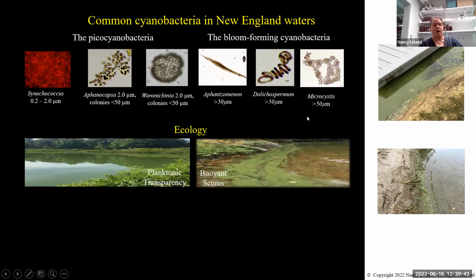So in terms of their ecology, we tend to see a separation in terms of how these cyanobacteria function. The smaller forms, the Synechococcus and the Aphanocapsa and Woronichinia, tend to be planktonic in nature, and they lead to problems typically associated with transparency issues in water bodies, whereas our bloom-forming cyanobacteria, which have the gas vesicles, are buoyant, and they tend to form the scums that we see accumulating along the shoreline.